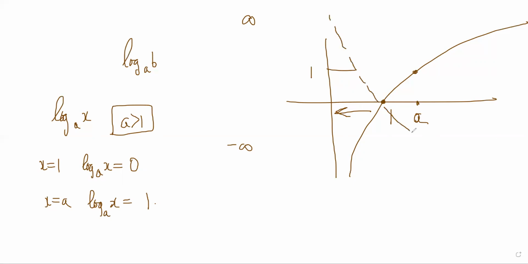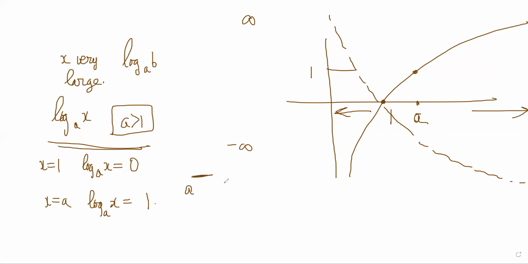Notice here, in this greater than 1 case, if x was very large, near infinity, then log ax, what power of a do you need to raise it to get a very large number? You need to get infinity there also.